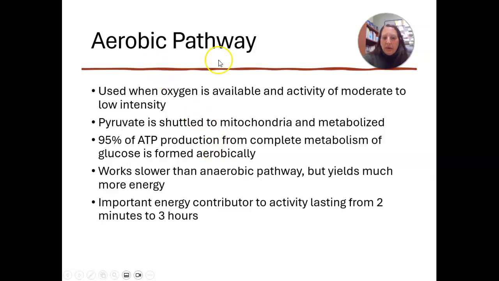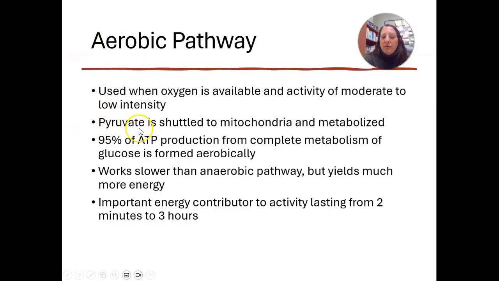When oxygen is present, our cells will prefer to do aerobic respiration, when the activity is moderate to low intensity. High intensity might require anaerobic, but lower to moderate intensity is going to go with aerobic.